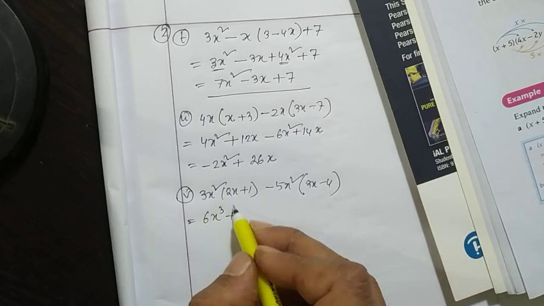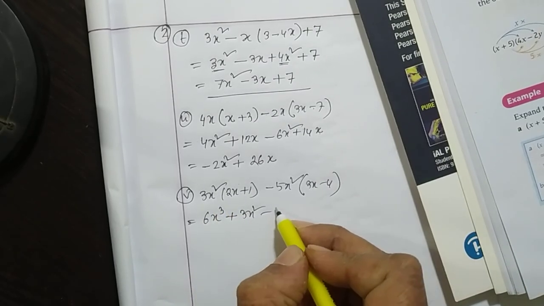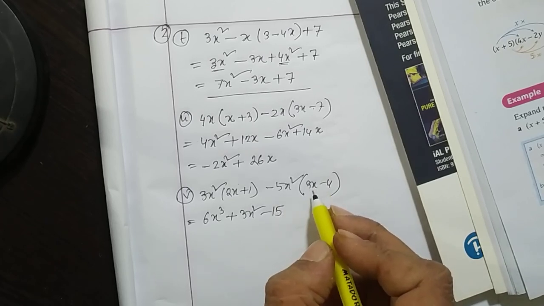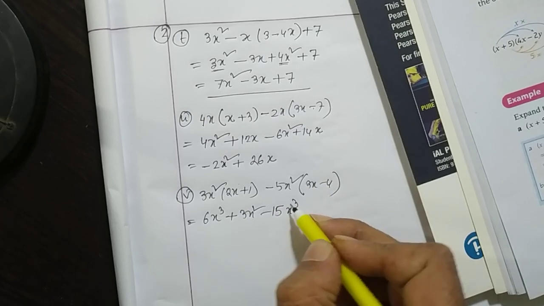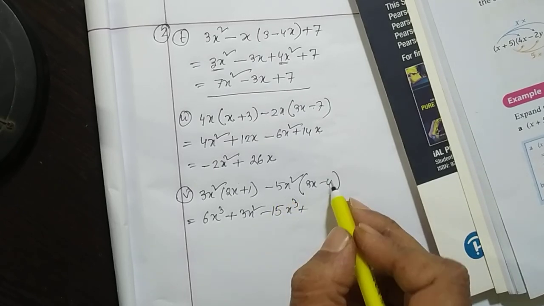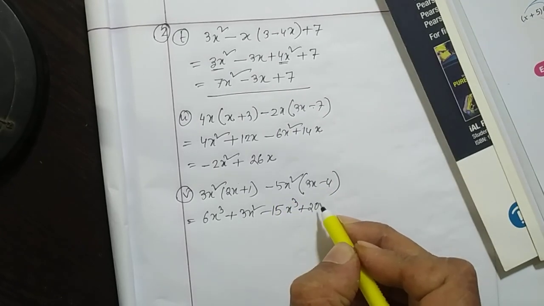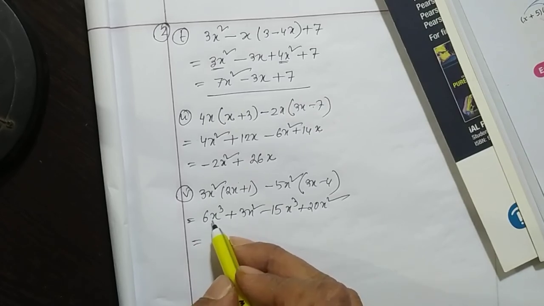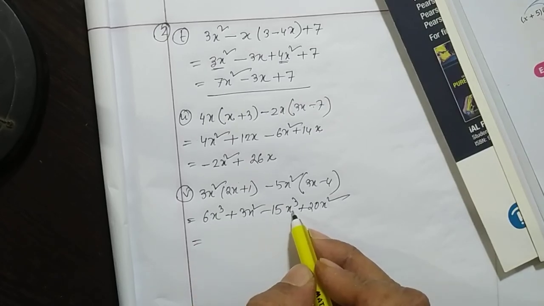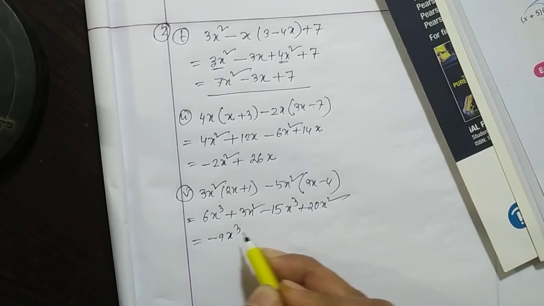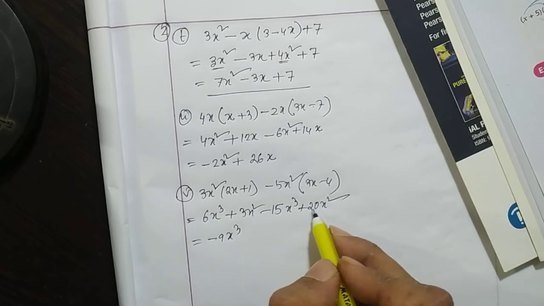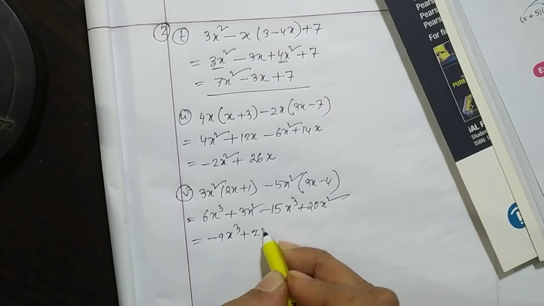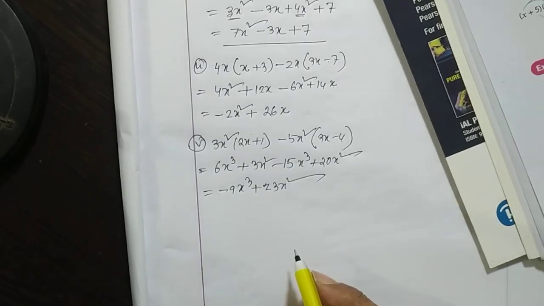So 3x square, this 3x square minus 5 times 3, that is 15, and x square and x cube, minus minus plus 5 times 4, that is 20x square. So the like terms here, 6x cube and 15, so minus 9x cube, and 3x square and plus 20x square, that is 23x square. Done.